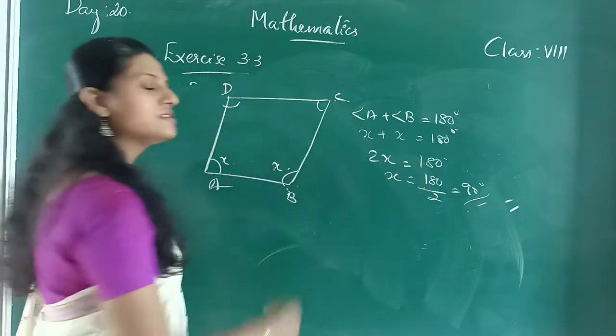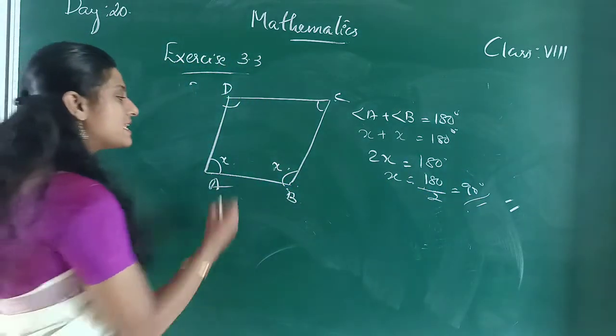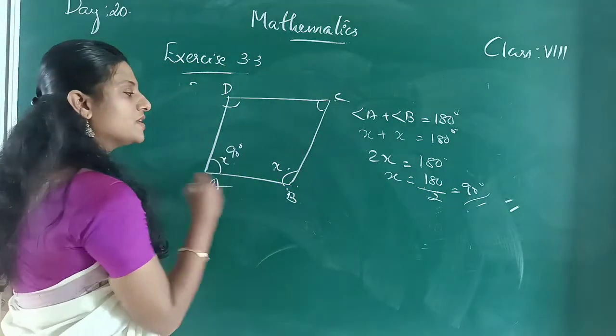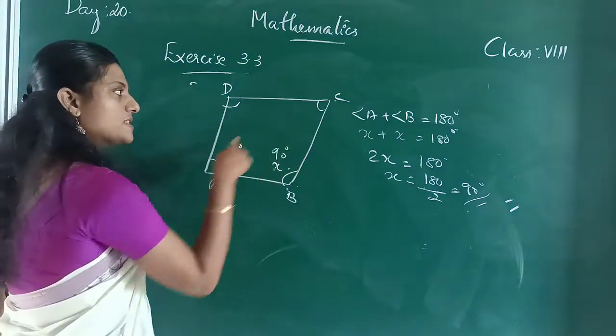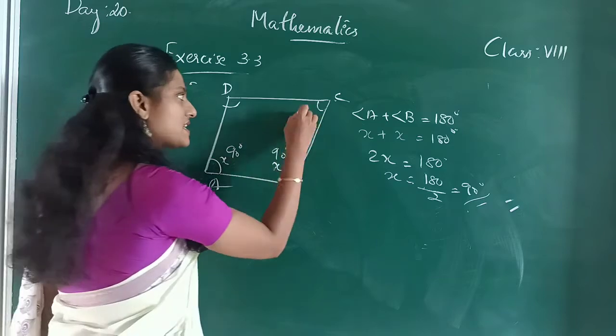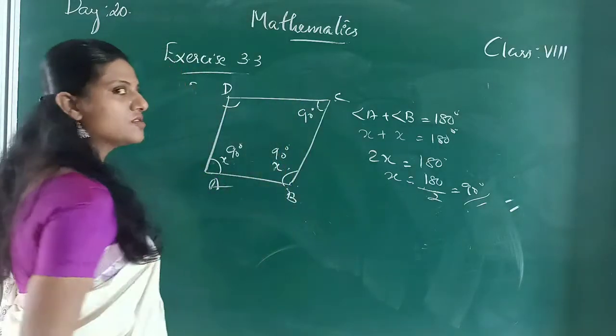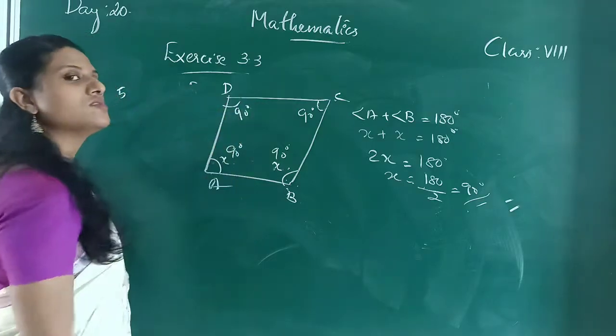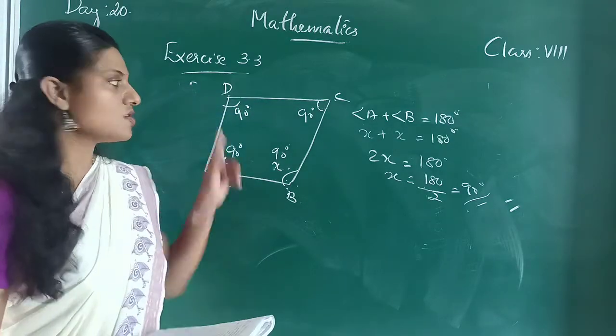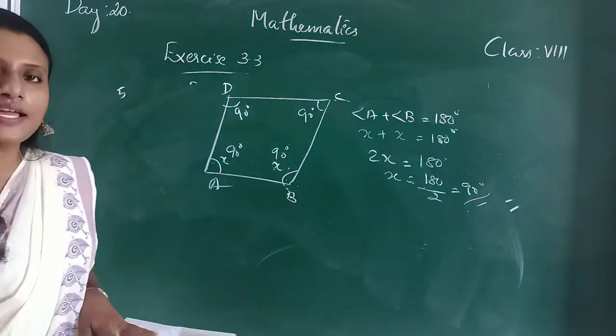So from this itself you will get all the angles. This is 90 degree. Here also 90 degree. What about this angle? Opposite angles are equal. So this angle is 90 degree. This angle is also 90 degree. B is 90. What about D? This one is also 90 degree. So all the angles are 90 degree.